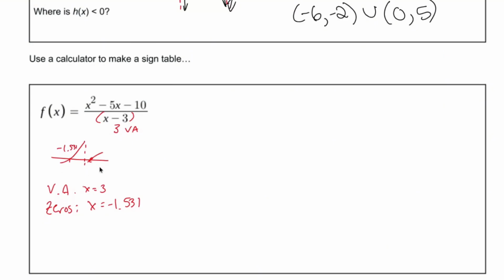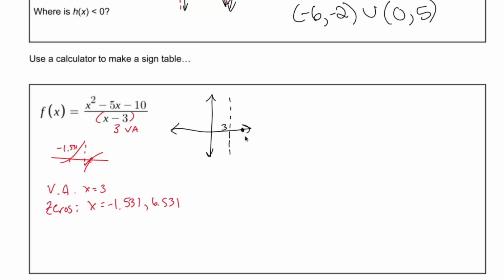And then also had zeros at, what was it, 6.531. So this is an awful looking picture that I drew. But again, let me draw it out one more time and make it look a little bit better, because that was just an abomination. Vertical asymptote at 3.